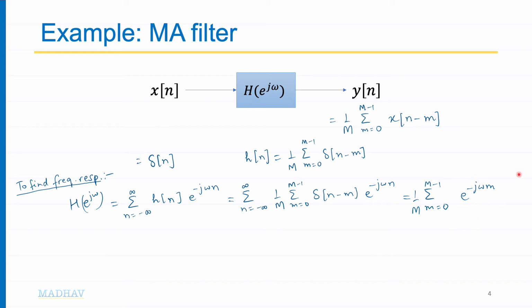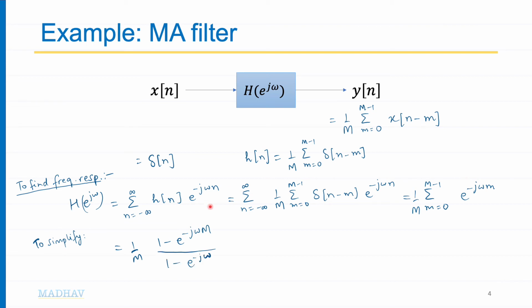Now this looks like a very simple term, but to see the physical significance, let's simplify it further, or represent it in terms of something easy to understand. This is a geometric progression, and what is the sum of a GP?